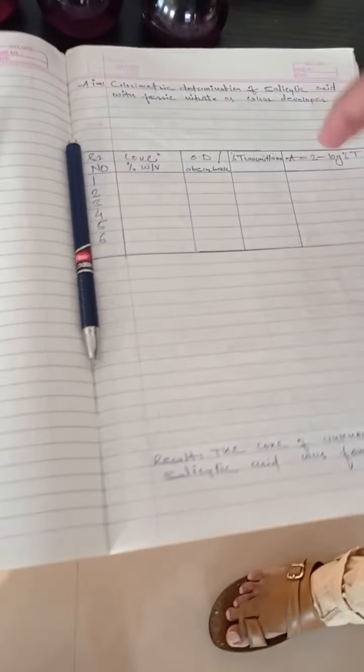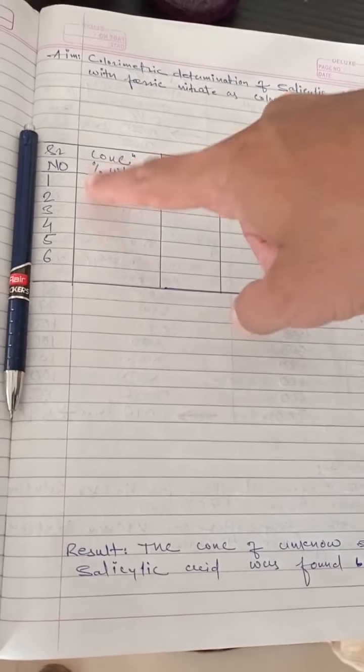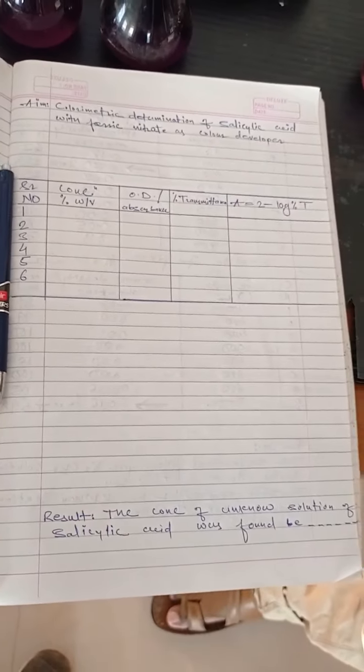Now see here, this is the experimental part. This is a table that we are going to prepare for this experiment.